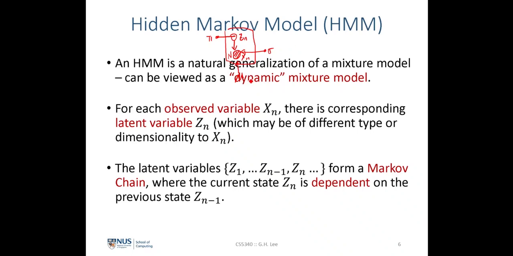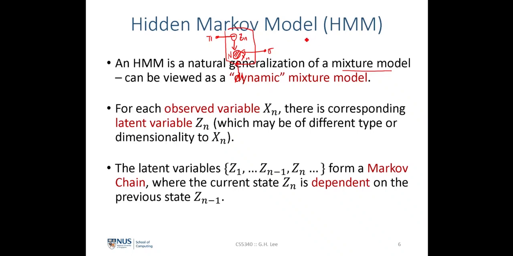But in general, this need not be a Gaussian mixture model, so it could be any mixture model. And we can see that an HMM is going to be a natural generalization, where each latent random variable at the current time step is dependent on the previous time step.